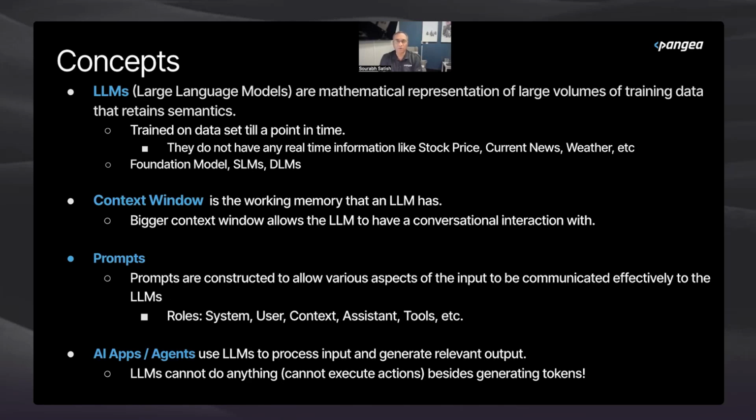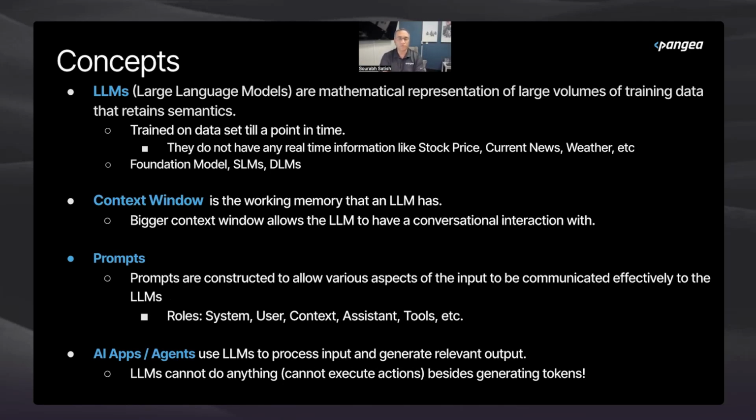Whereas small language models or domain language models are models which are smaller and really trained on a subset of data pertaining to a special topic on which we really want the LLM to excel and not get conflated or confused about information from all kinds of sources of information.